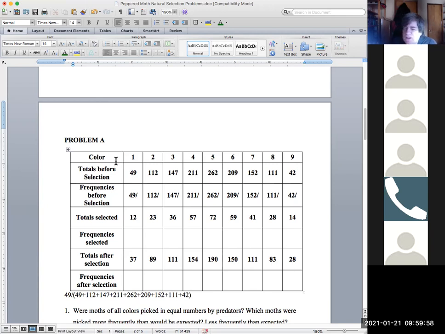Why? Because this is the total number of moths in our population before selection. We've got to add all those up.